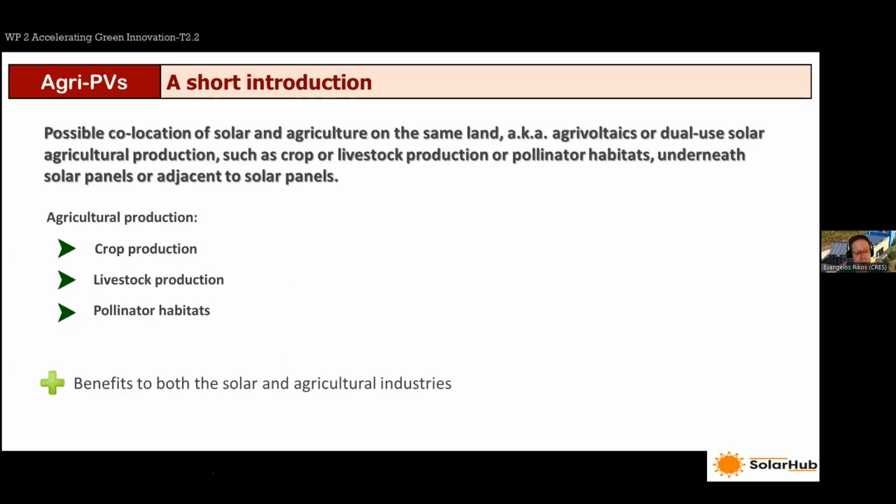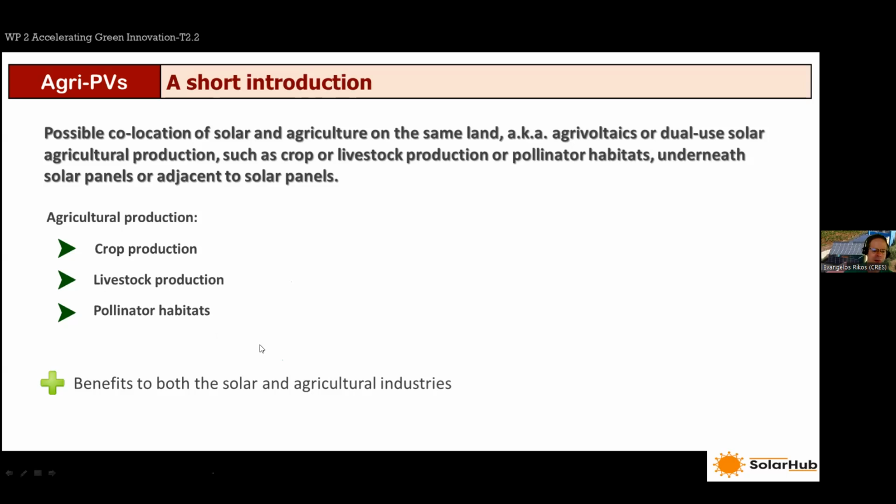By agriculture, we mean crops or livestock production or pollinator habitats. All of these applications are relevant to agrivoltaics. And all these processes take place underneath the solar panels or adjacent to them. So usually we take advantage of the location of the panels to improve the performance of the crop or other production applications by placing them underneath the panels or near them.